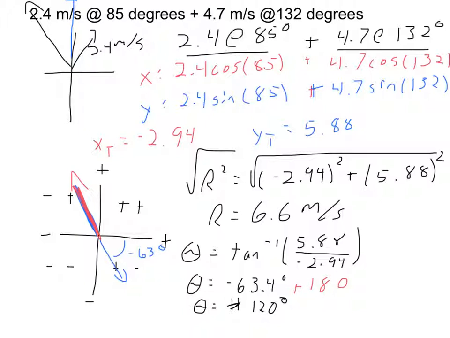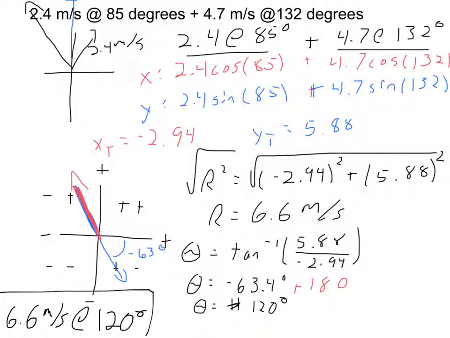The answer here is 6.6 meters per second at 120 degrees, and let me actually write that all together. That would be a good thing to do here. 6.6 meters per second at 120 degrees is my final answer.